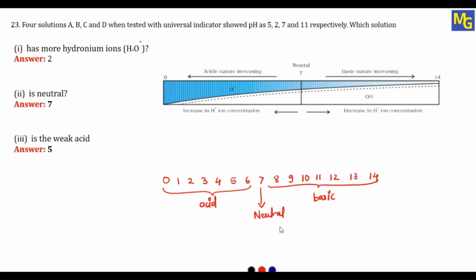The same diagram I have drawn here. This is 0, which means H plus concentration is more. As we move from 0, 1, 2, 3, 4, 5, 6 till 7, H plus ion concentration goes on decreasing.